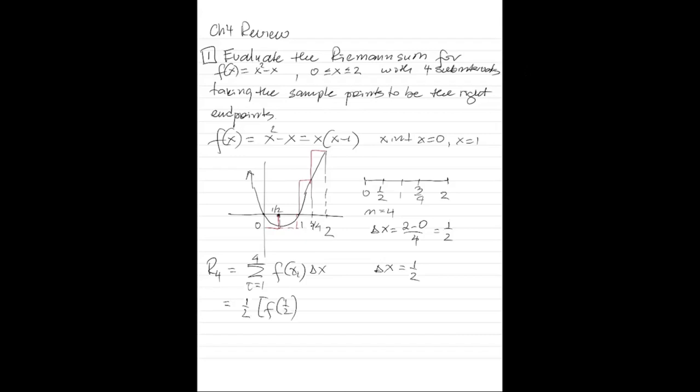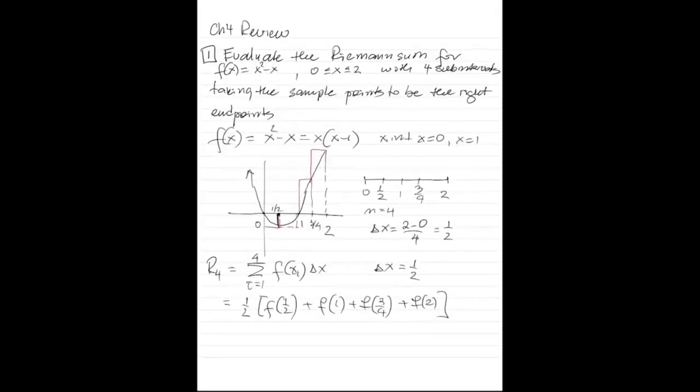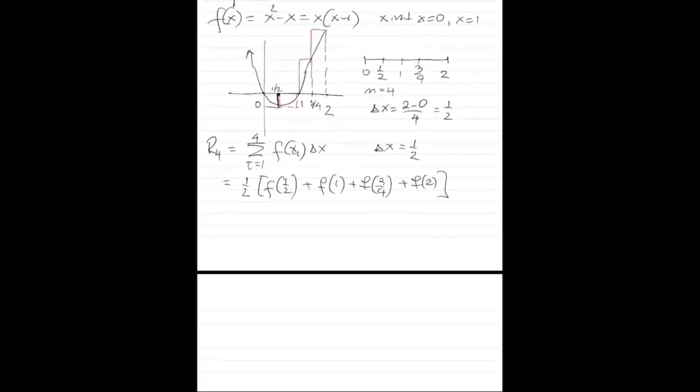If we have the right endpoint, this is going to be the height, 1/2, plus f of 1, plus f of 3/4, plus f of 2. These are the heights of the rectangles. So evaluate this, use a calculator, and you should get 1.25. And this is the estimation using n equals 4.